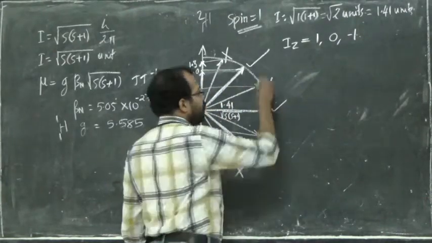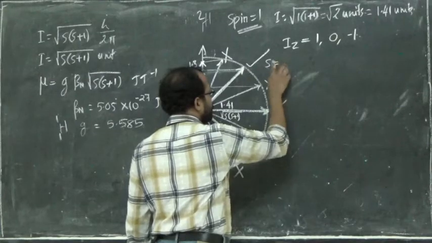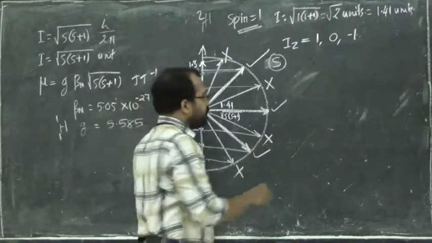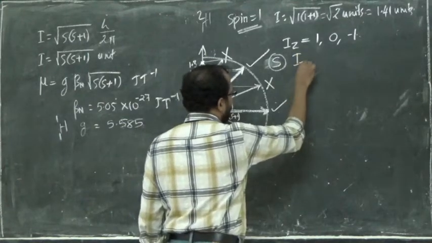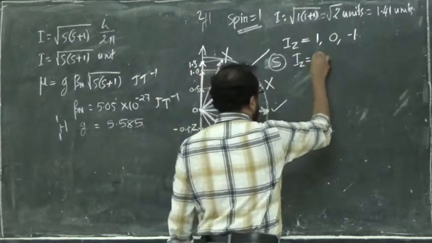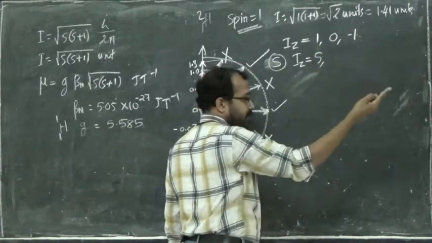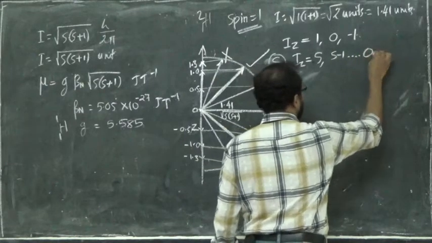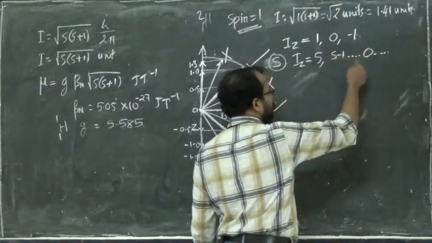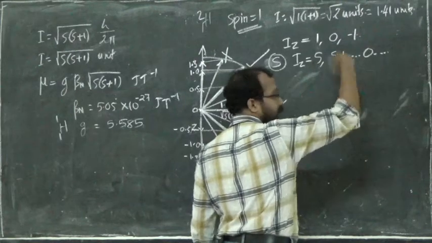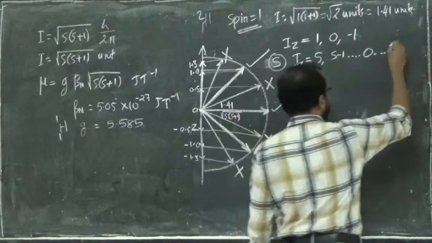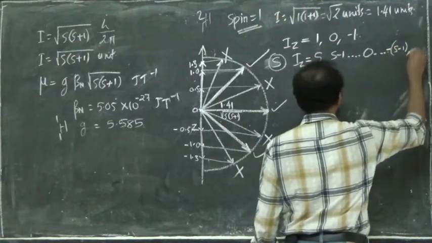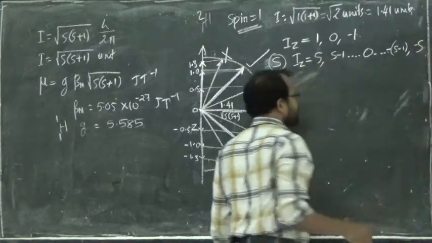If spin is S, then which Iz values are possible? The values are S, then one number less than S, that is S minus 1, and so on down to 0, and then the negative quantities on the other side, that is minus of S minus 1, then minus S. These are the components.